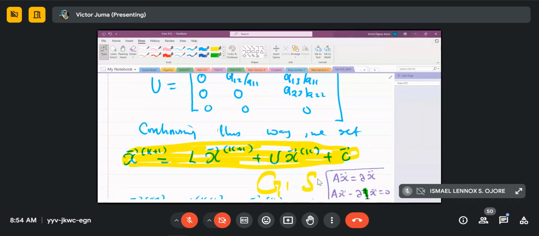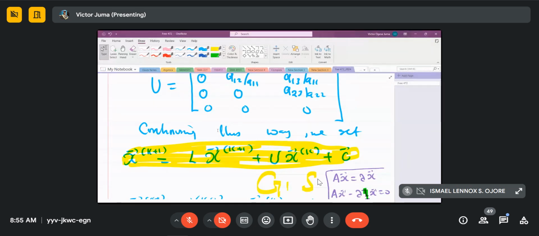What do you mean with starting from k, not k plus 1? So if maybe we have x1 of k, then the next value x2 will not move to k, but it will move to k minus 1. I don't understand.